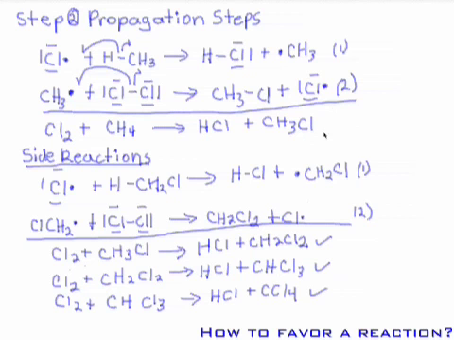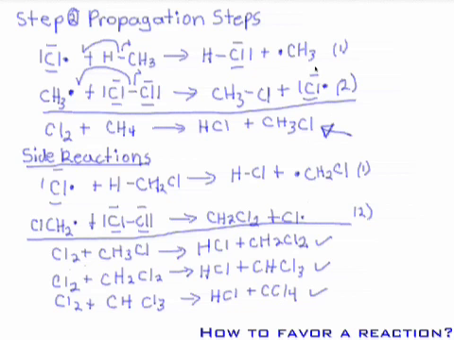For example, if I wanted chloromethane as my product, what could I do to minimize these three side reactions? Well, the reason these side reactions happen is because the concentration of methyl chloride rises high enough to compete with methane. If I prevent that from happening, then I wouldn't get the side reactions.